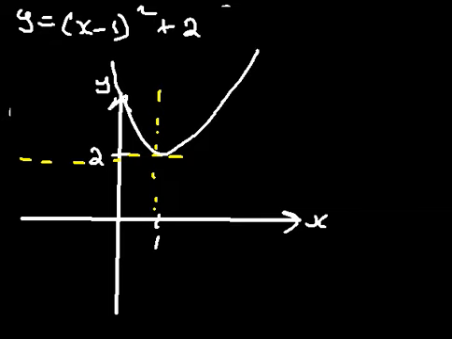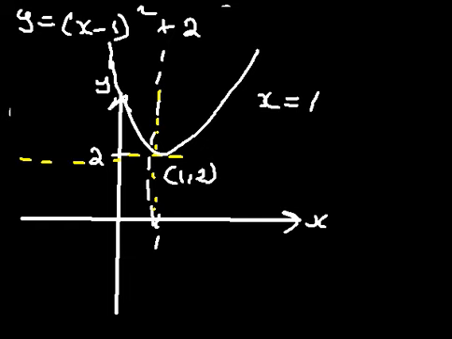So that's the graph you should understand. This point has the coordinates 1, 2, and the axis of symmetry is given as x is equal to 1. And it is this line, basically.